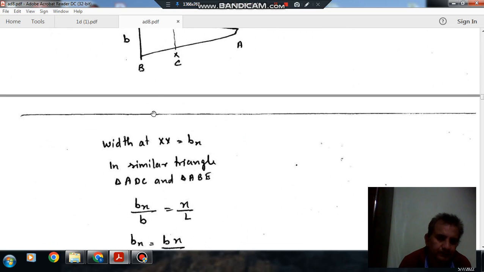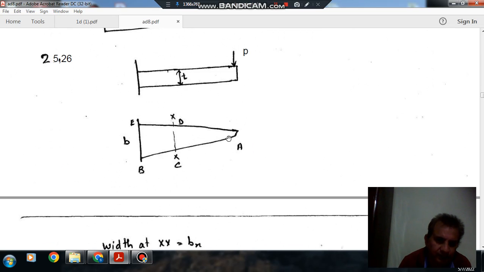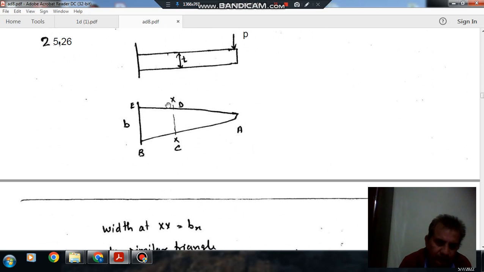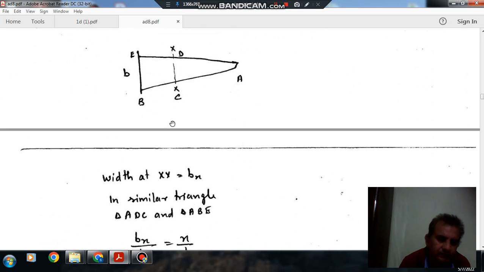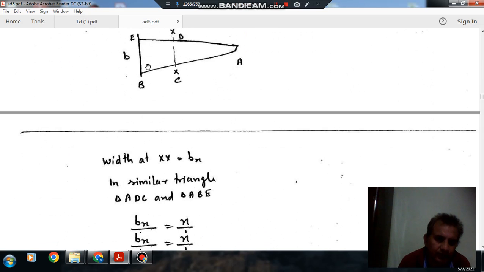So this is the section at a distance x. Suppose it is at a distance x. Now first of all, finding out bx.